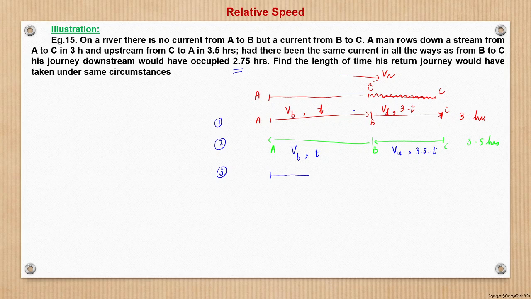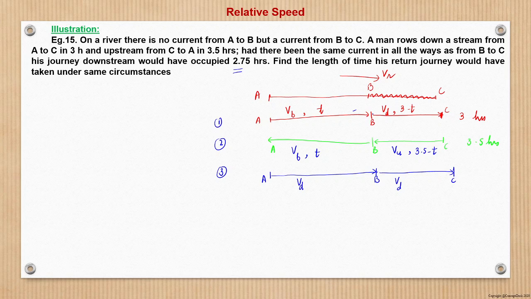So here he first goes from A to B and from B to C. So this is A, this is B, this is C. Now the motion of the stream is there right through from A to C. So here it will be velocity downstream, right? And here also velocity downstream.